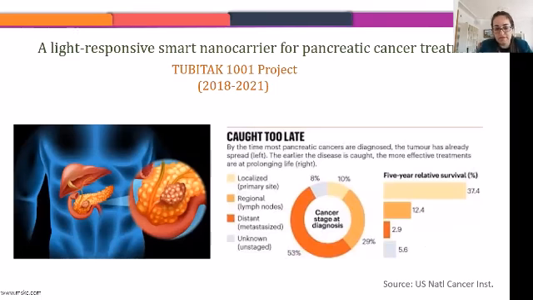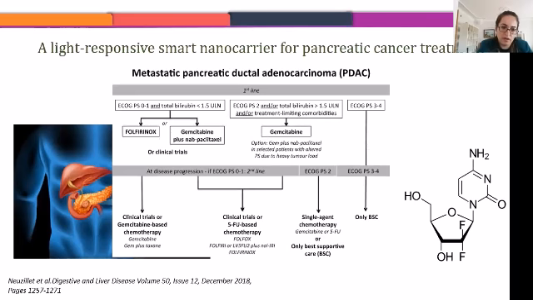The problem with pancreatic cancer is that it's caught too late, and effective treatments for prolonging life are not present yet for those who are already affected. The way to try to treat pancreatic cancer is gemcitabine.